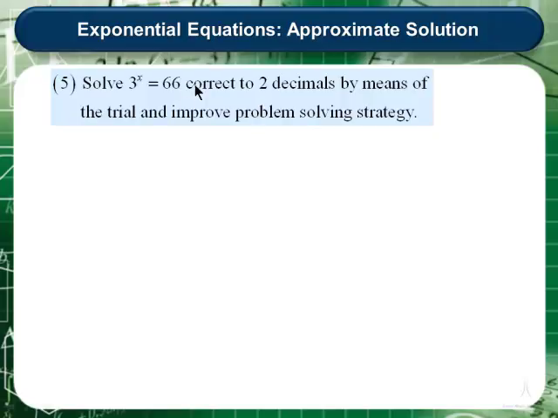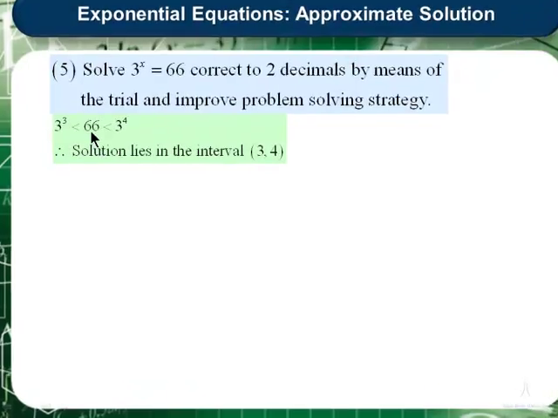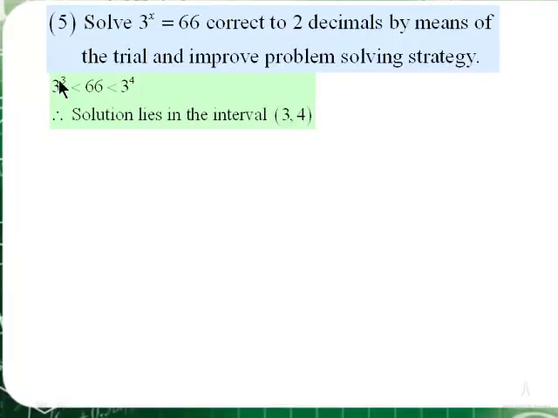And you are requested therefore to determine the solution correctly to 2 decimals by means of the trial and improved problem solving strategy. It should be clear that 3 to the power 3 is 27, and 3 to the power 4 is 81, such that 66 lies between these two.